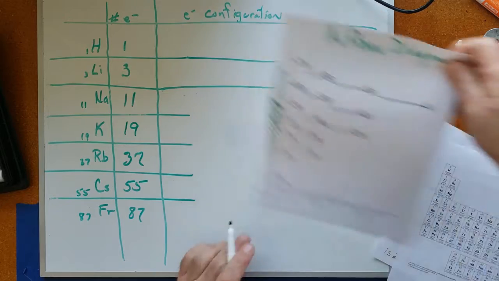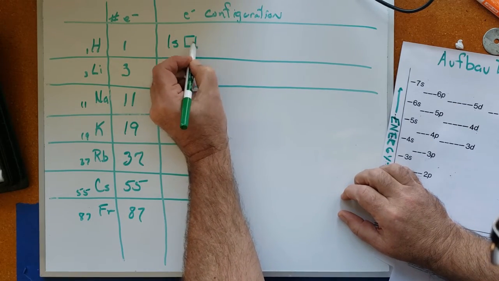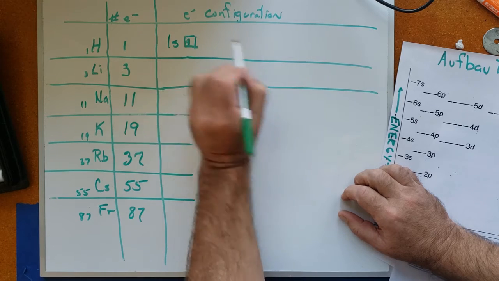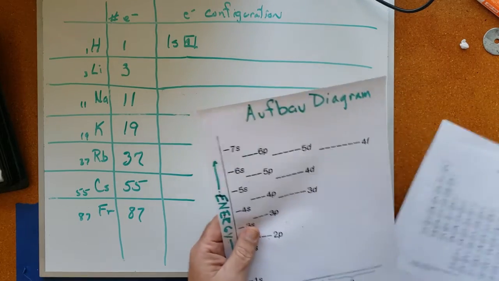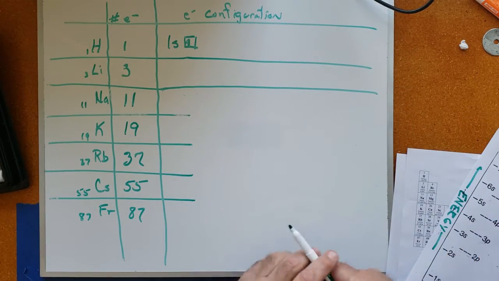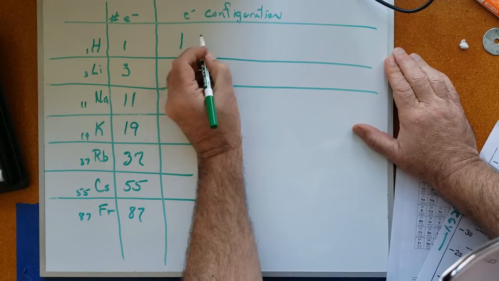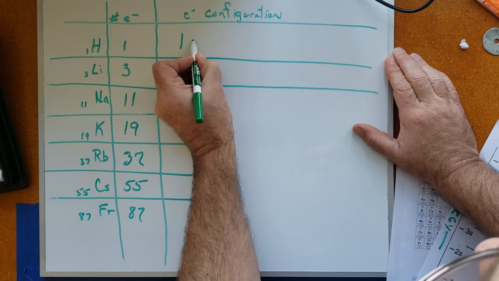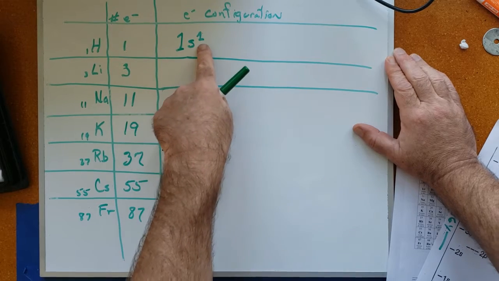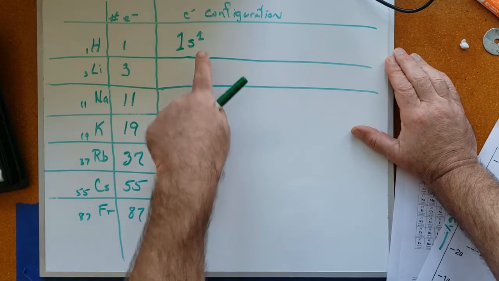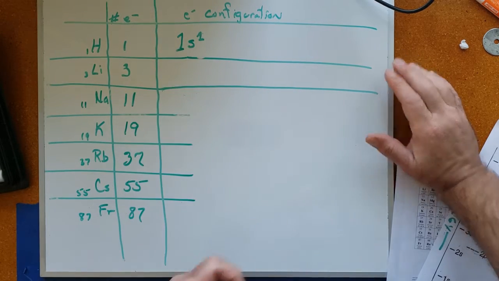So it would look like this, 1s, and then there would be a little up arrow there, okay? Now, that gets to be a tedious method of writing electron configuration, so we condense that a bit, and we don't signify the electron with an arrow. We just simply write the number of electrons in each of the orbitals as a number that's a superscript on the orbital type. So for hydrogen, it's 1s1.